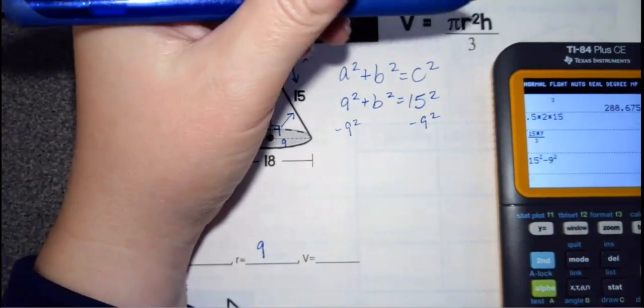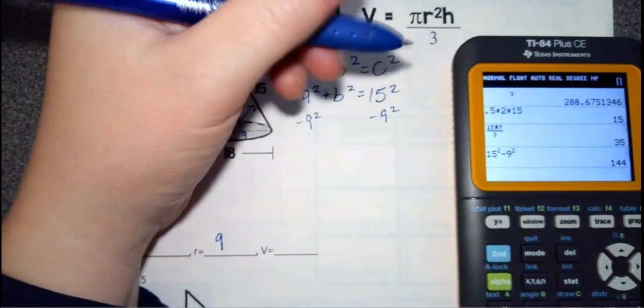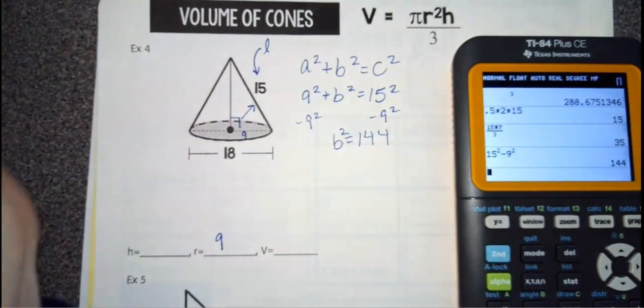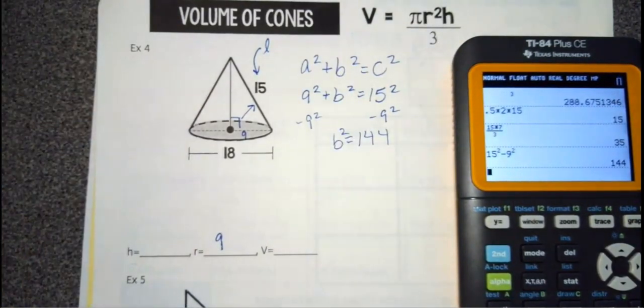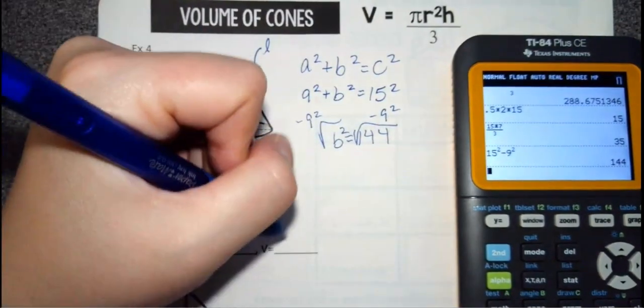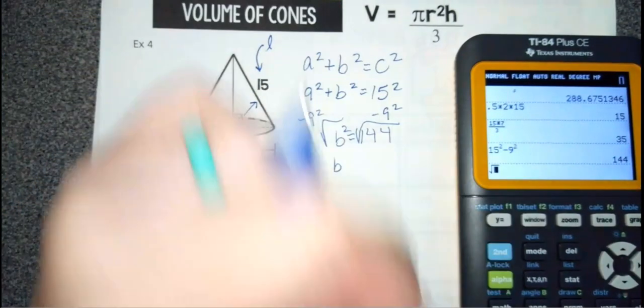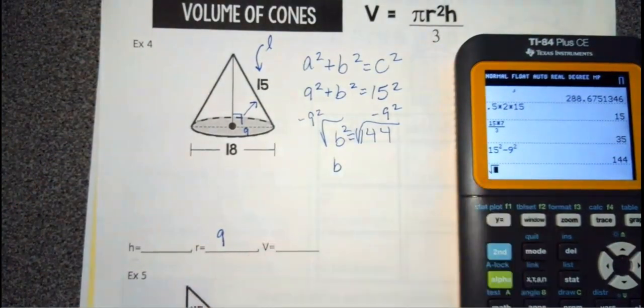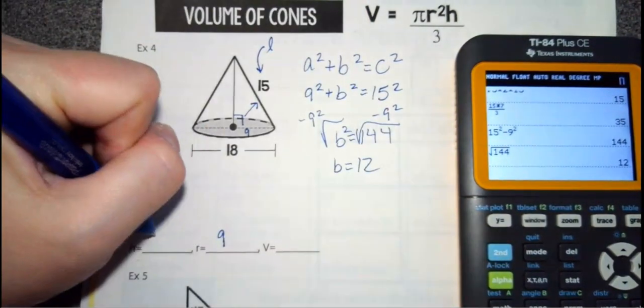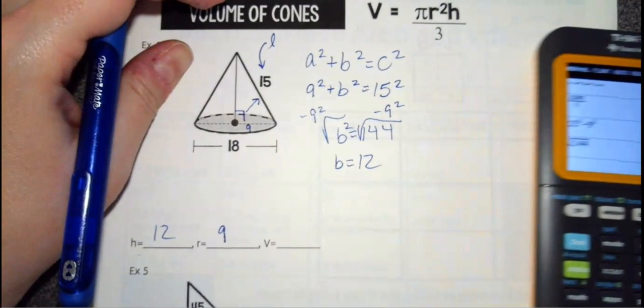It's 15 squared minus 9 squared, which ends up being 144. Who knows what the last step is for Pythagorean theorem? 144 is not our answer. What do you got to do? Yeah, you just got to take the square root because it's b squared. So the square root, remember that little symbol, is just going to be 12. And that's what our height is.